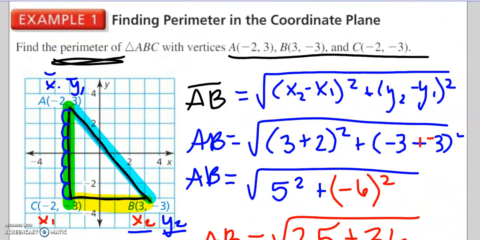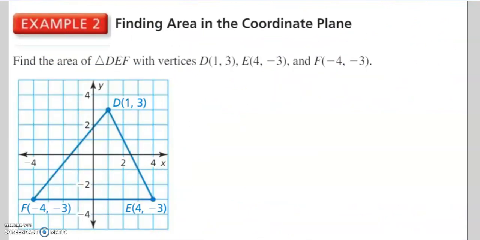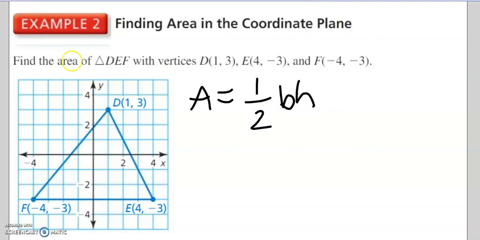How about we jump to finding the area of a triangle? Okay, area of a triangle, I'm going to jot down that formula. Area equals 1/2 base times height. Okay, so I need to find the base. Where is my base on this triangle here? Base is at the bottom, so here's my base.